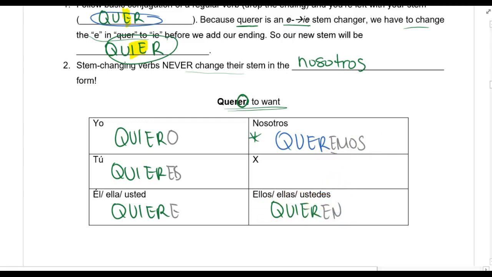Again, we can look at the stem itself: that E changed into an IE, and that's why we have that down here. However, in the nosotros form, the stem stayed the same. Queremos still has the same stem. And then down here, we have quieren.